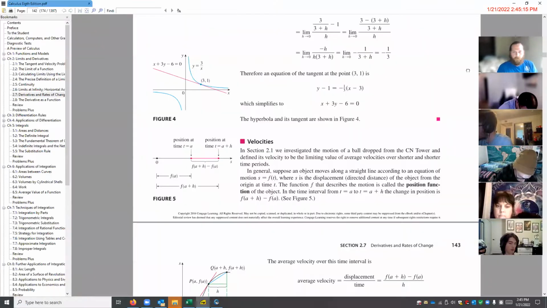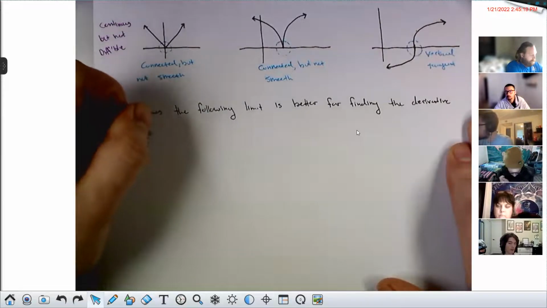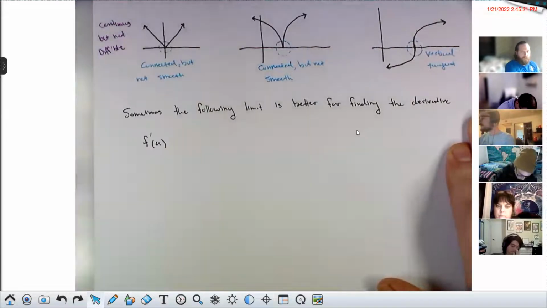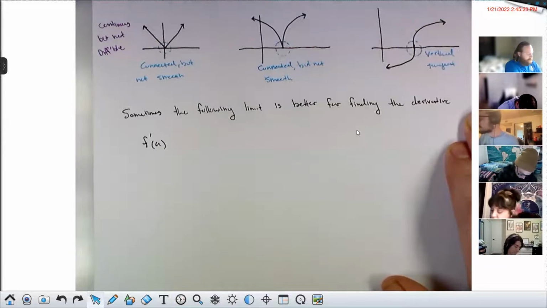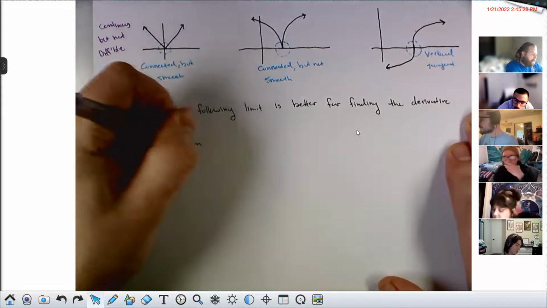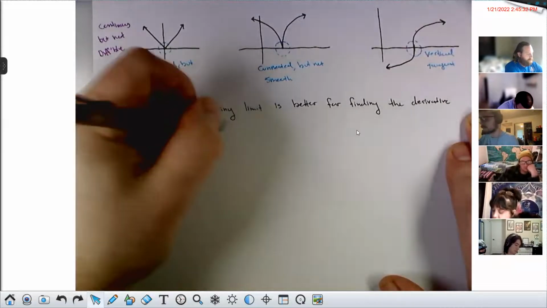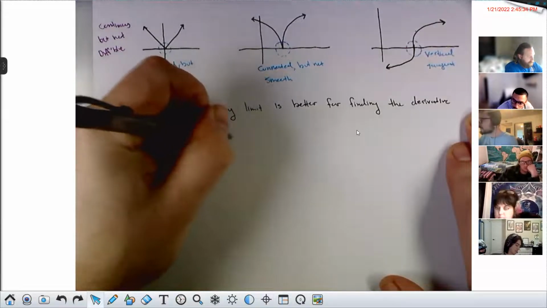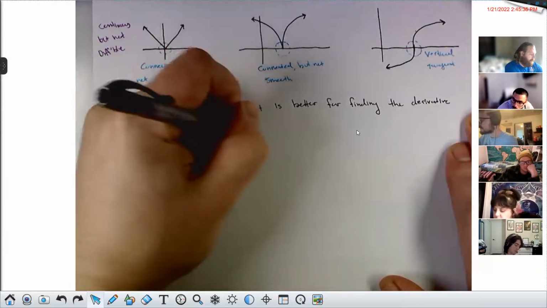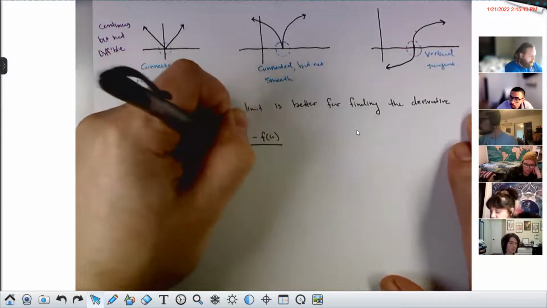And they introduce it with which variable? Yeah, okay, a. f prime of a, same thing, literally the same thing, is the limit as h goes to 0 of, we've seen this, f of a plus h minus f of a all divided by h.